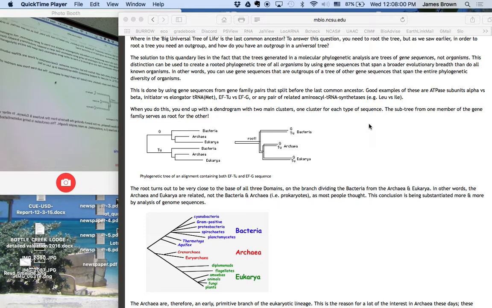But EFTU and EFG aren't the only proteins or genes that were duplicated earlier than the last common ancestor. Other examples are some ATPase subunits, alpha and beta. My favorite is elongator and initiator tRNA methionine. So organisms have two methionyl tRNAs. One to start translation, and one to put a methionine in the middle of a protein.